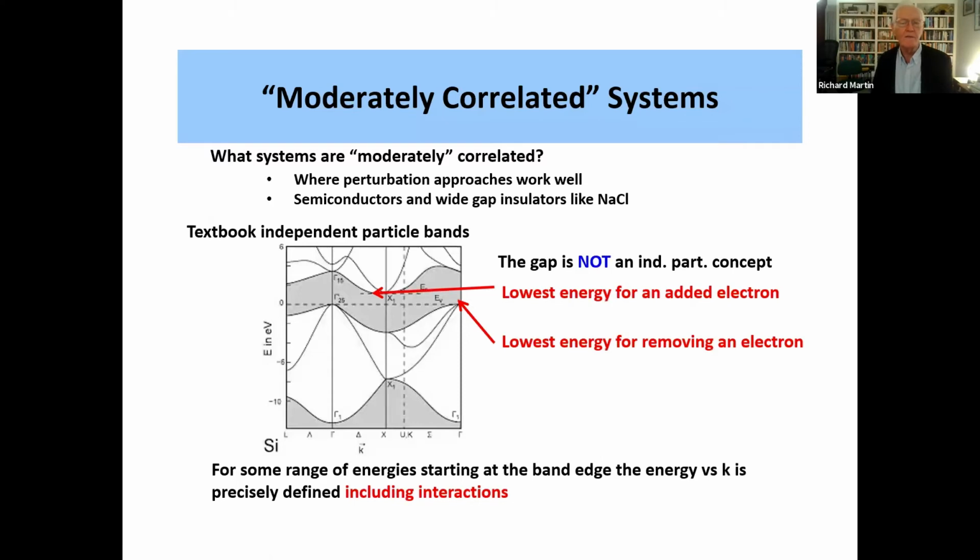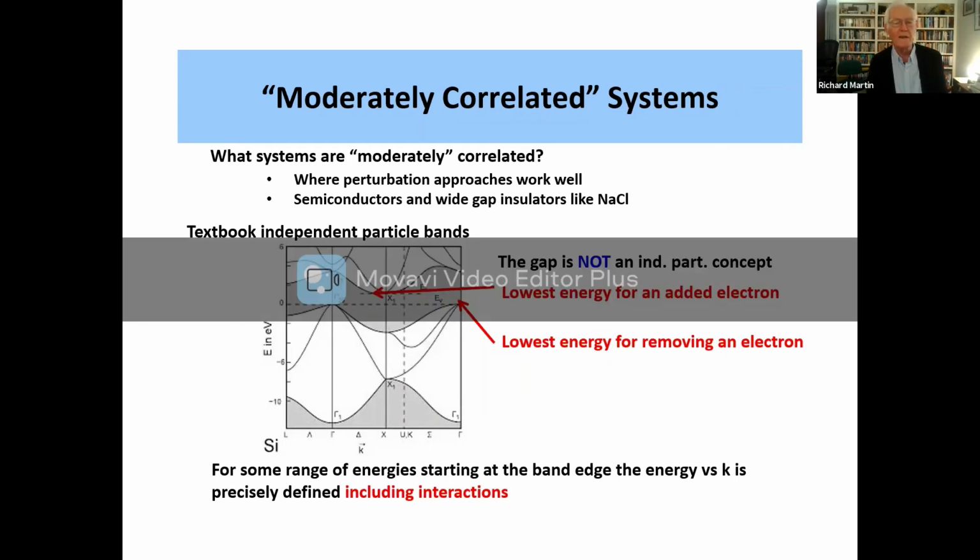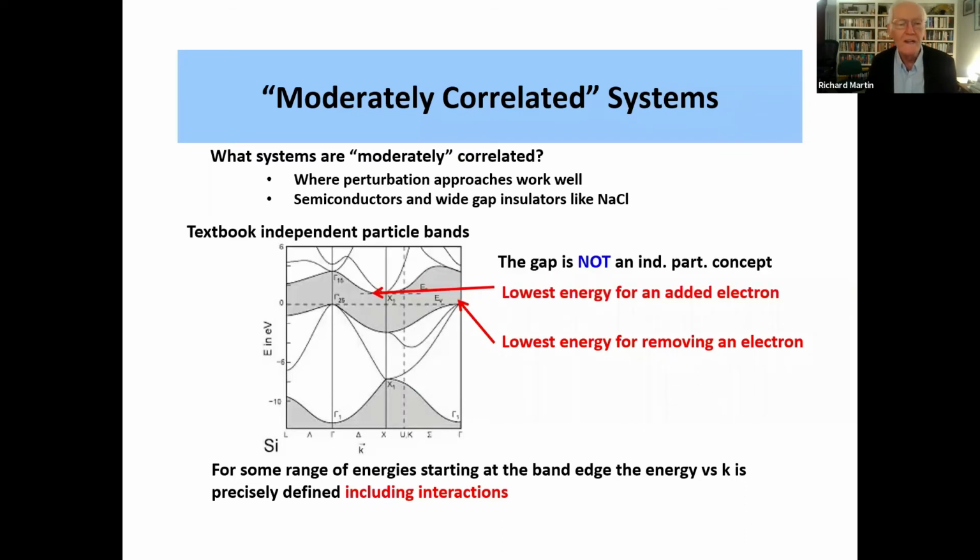The lowest energy for adding an electron minus the lowest energy for removing an electron is the gap. And since it's the lowest energy for any of the possible things that can happen to the electrons, there's nothing lower that they can go to. This is something that's really well defined in a many-body sense.